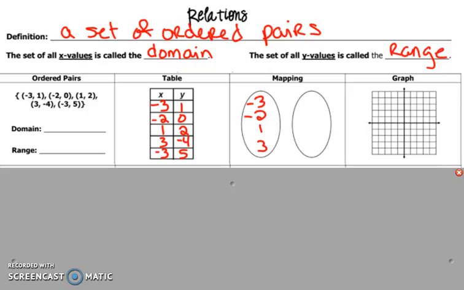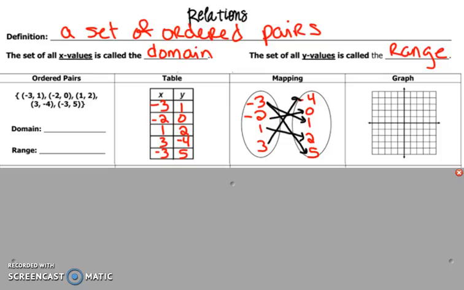My y's are all different, so I'm going to put them in ascending order, 0, 1, 2, and 5. Now I'm going to draw my arrows. -3 goes to 1, -2 goes to 0, 1 goes to 2, 3 goes up to -4, and then -3 again goes back down to 5.